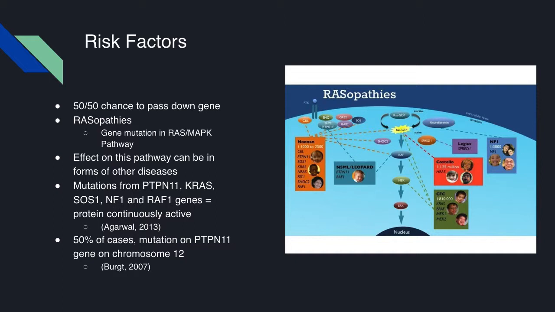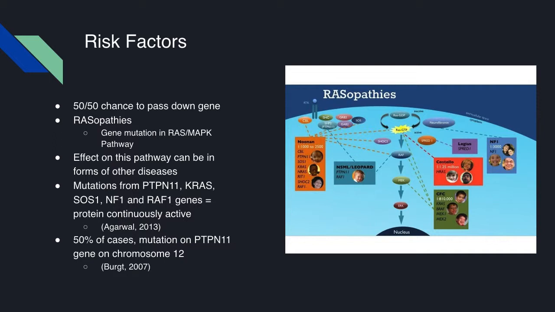So these genetic changes that disrupt this pathway affect growth and development, which can also be seen in Leopard syndrome, Sotos syndrome, and a couple of other conditions that are actually associated with or a branch of Noonan syndrome. PTPN11 is actually one of the genes most associated with this syndrome.